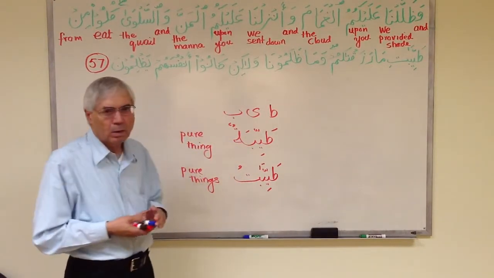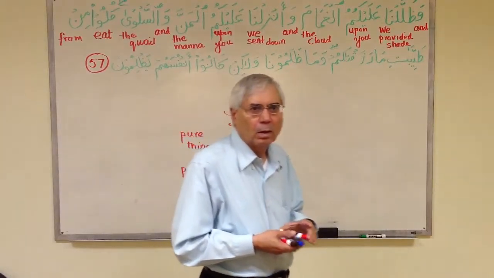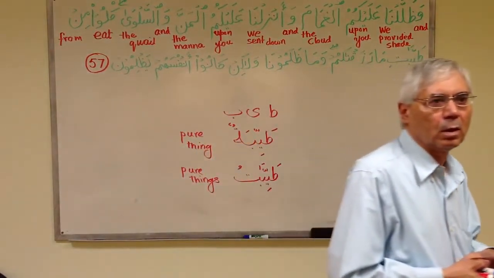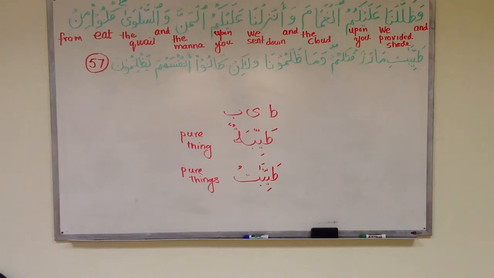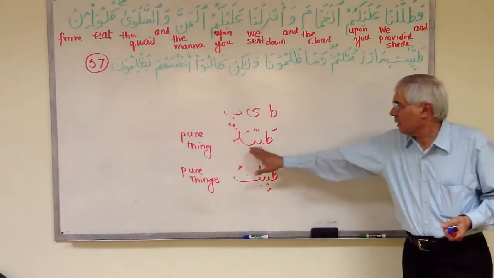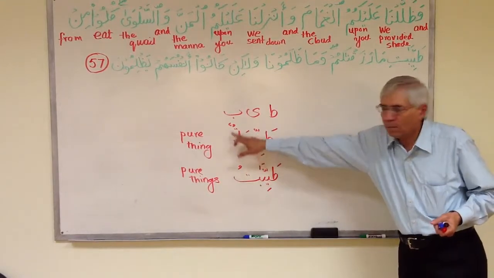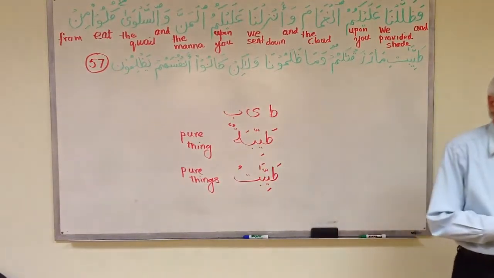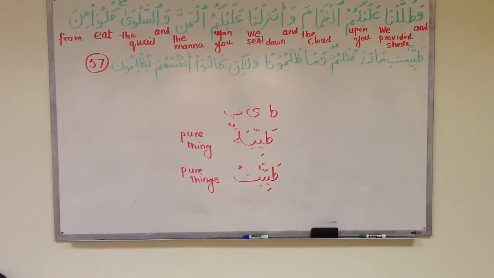This pattern applies to some of the words. Tayyibatun has a ta marbuta at the end, right? Salihatun has the same ta marbuta at the end. Its plural will be salihatu. And mu'minatun will be mu'minatu. So many will follow the same category.